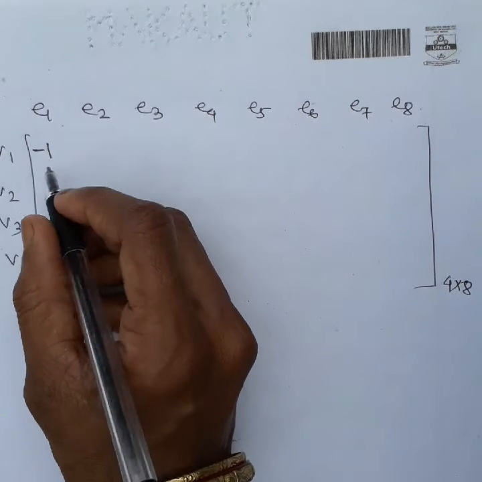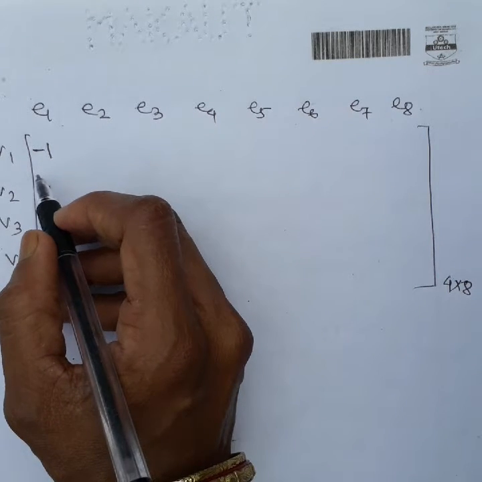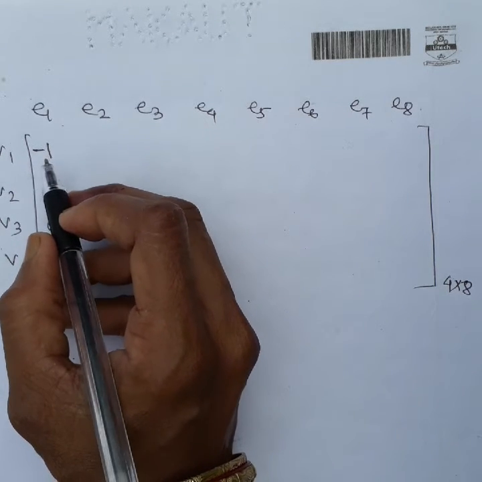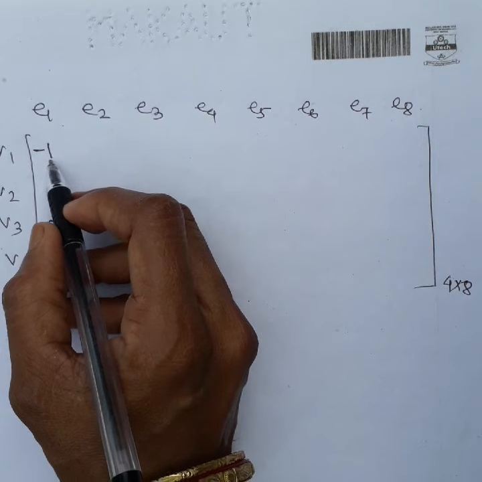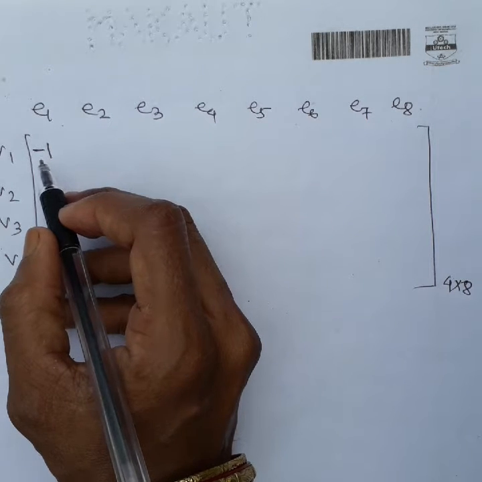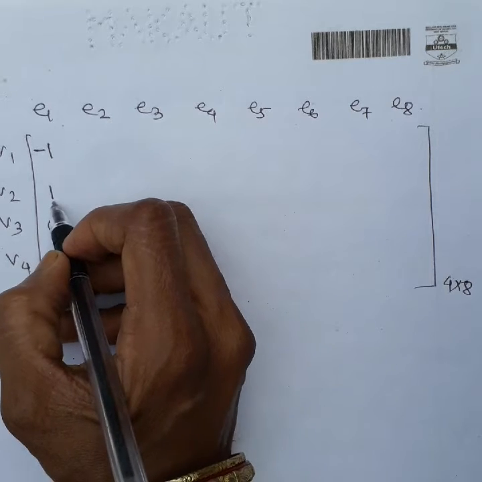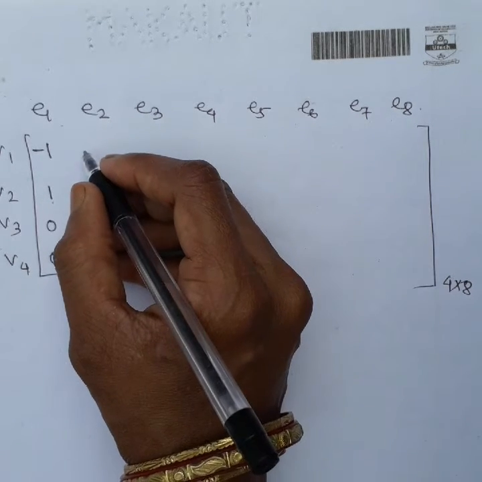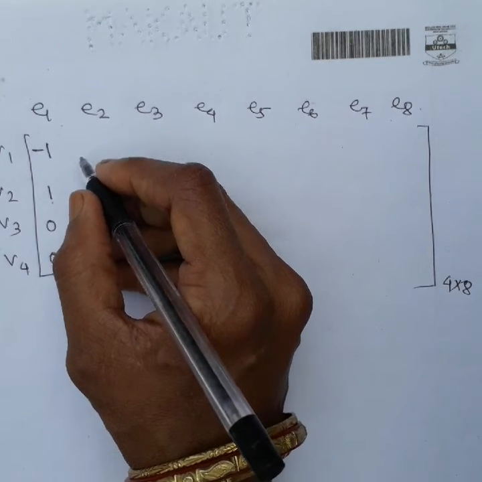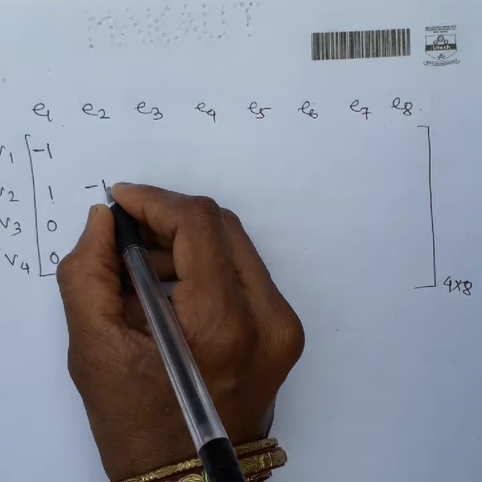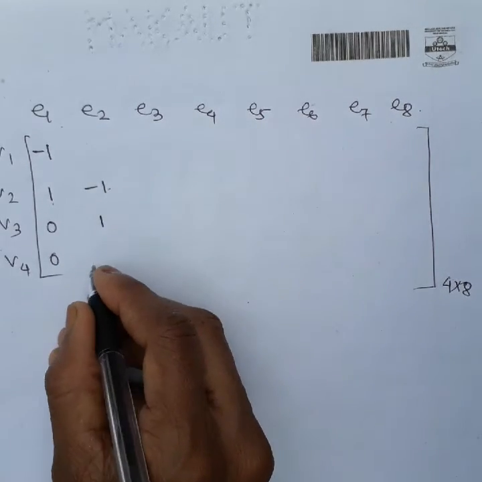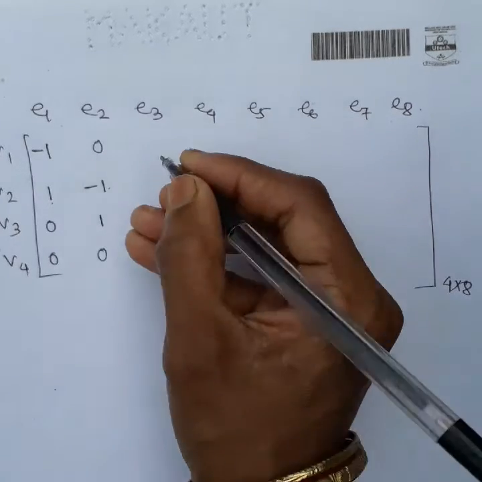See here, E1 is connected between V1 and V2, but it is incident into V1, that means direction towards V1, that is -1, and direction outwards V2, that is +1. Okay. Similarly for E2, here the direction towards V2, that means V2 is -1, and outwards V3, that means V3 is +1. Okay.